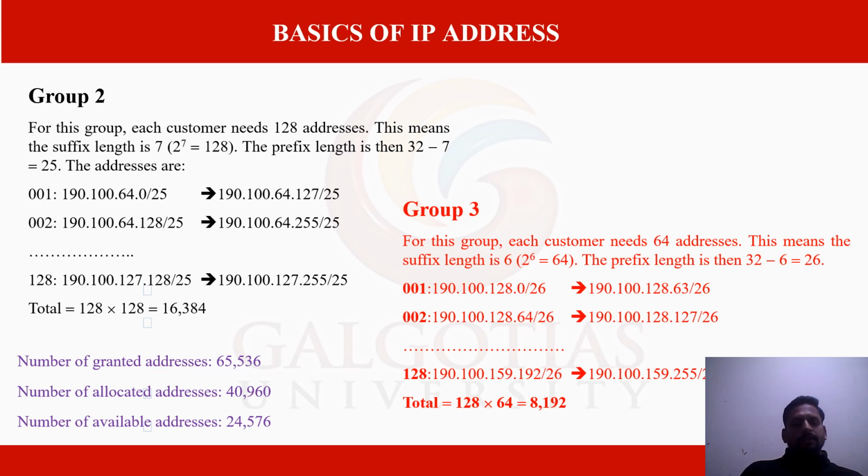So 65,536 is the total granted address, and we are using only 40,960 addresses. If you subtract 40,960 from 65,536, then we get 24,576 addresses. This is the answer they are expecting. After allocating all the addresses to these groups, how many addresses will be available? This is the question they asked, and 24,000 is the right answer for this.